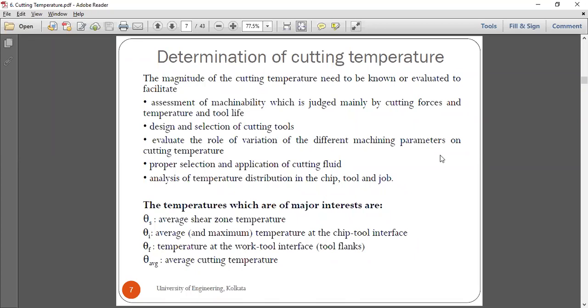This is a very important thing: for a certain combination of tool and workpiece, whether I am using a proper cutting fluid.